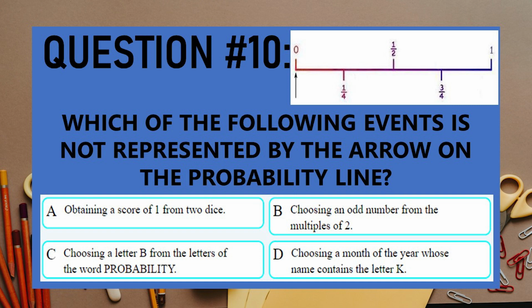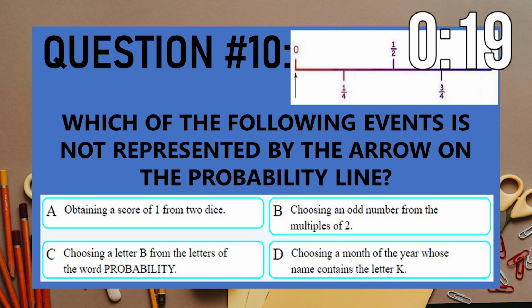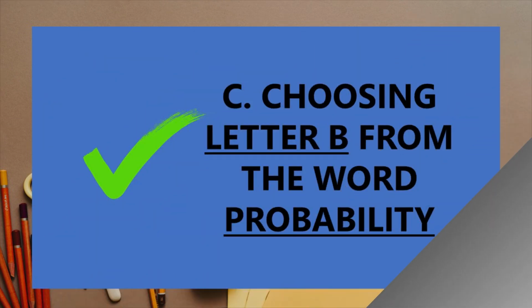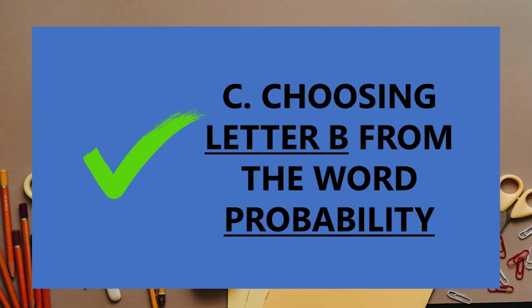Or letter D, choosing a month of the year whose name contains a letter K. And the correct answer is letter C, choosing letter B from the word probability.